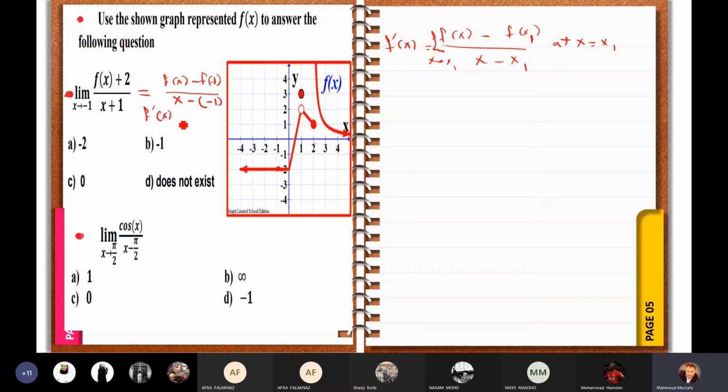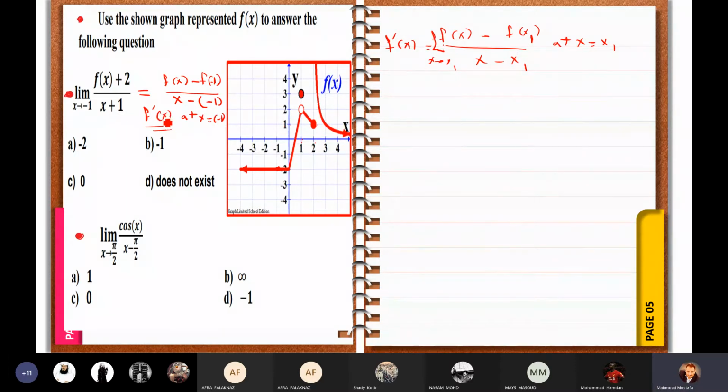F prime of x at x equal -1, correct? F of x minus f of -1 divided by x minus -1, x1 is -1, correct?